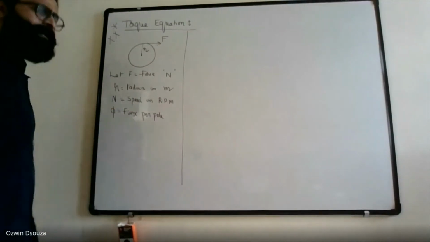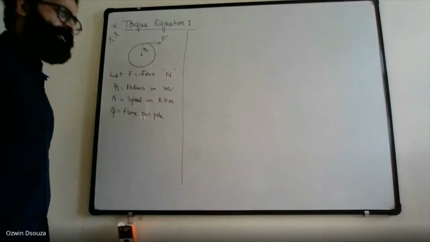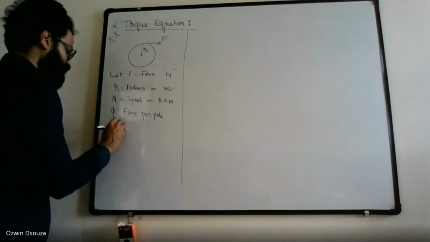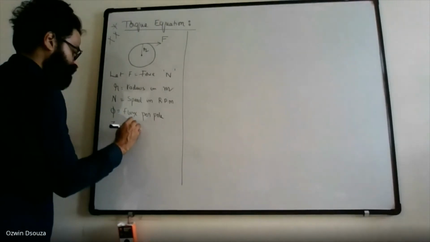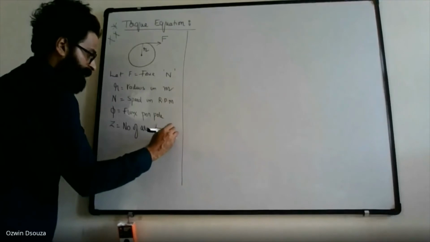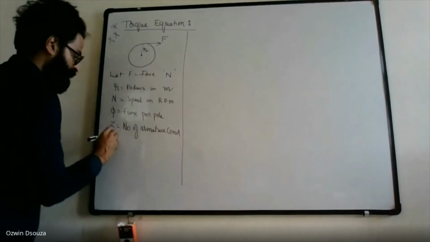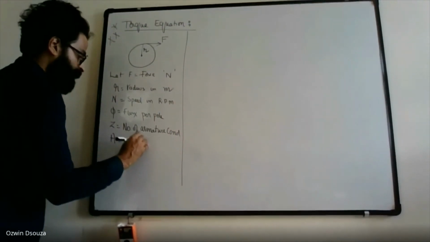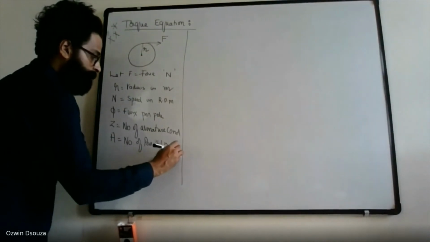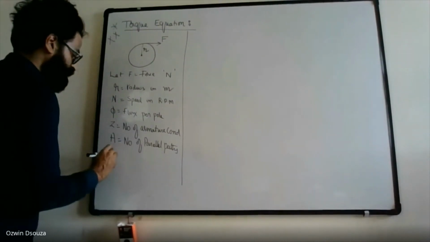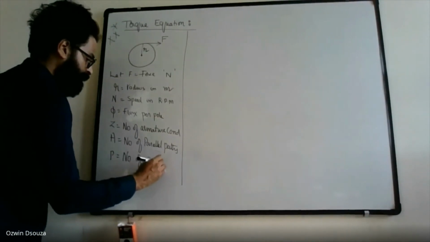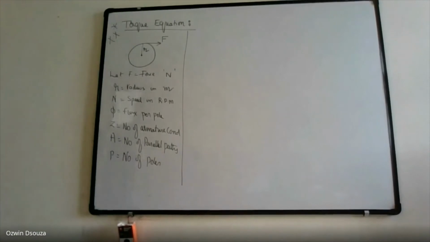What we defined in the generator is the same thing you can define. Phi is flux per pole, Z is the number of armature conductors, K is the number of parallel paths, and P is the number of poles. So we have just defined the machine constants.